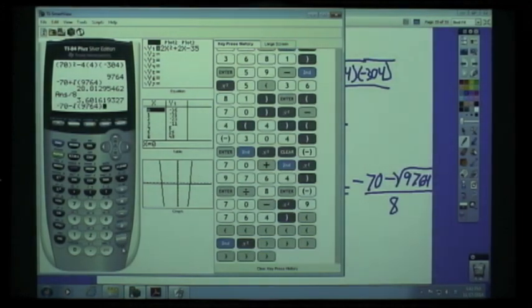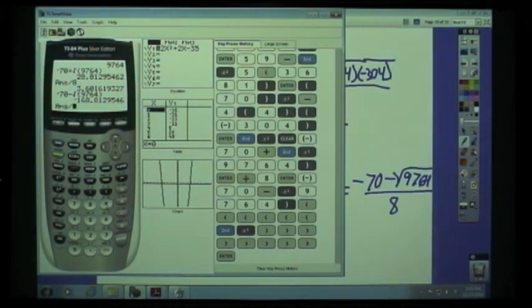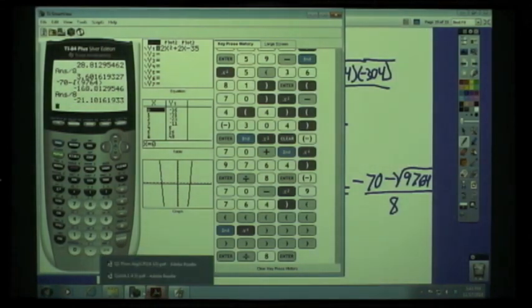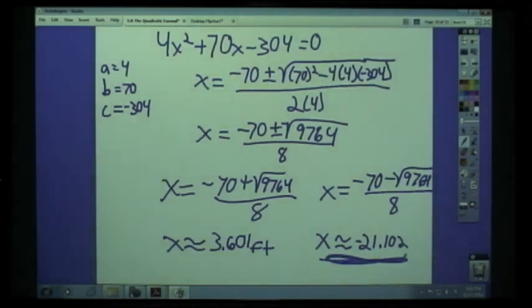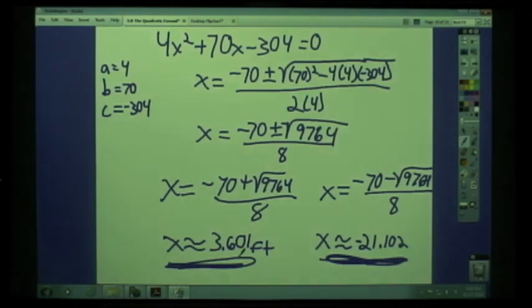When you press enter there, you divide that number by 8 as well, and you get negative 21.102, or just negative 21.1 is fine, but approximately negative 21.102 is your other x value. This will be one of your x-intercepts, and this will be the other one if you graph this equation. But remember, we only wanted the positive on this one because we were talking about going through and finding the length or the width of my walkway.